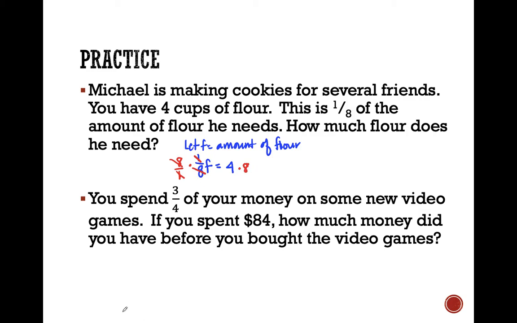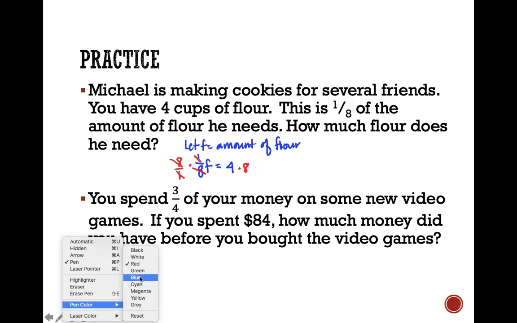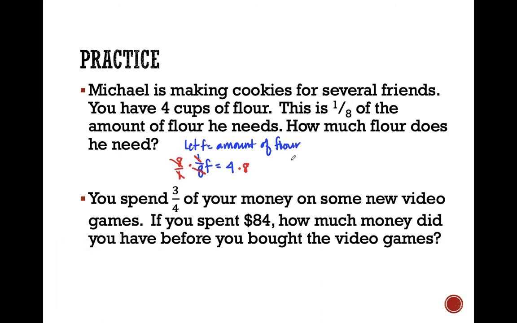And then on the right-hand side, we end up with just 4 times 8, which is 32. And we're going to say 32 cups of flour. We should say Michael needs 32 cups of flour.